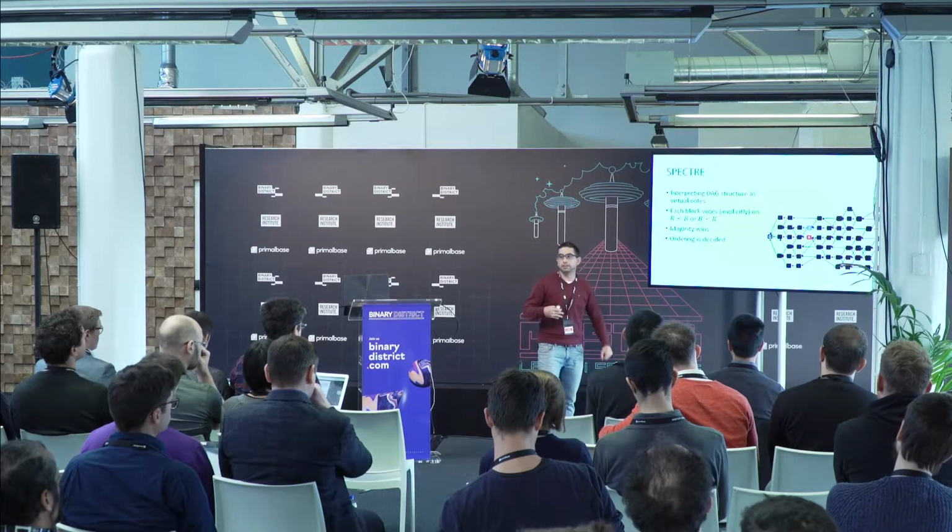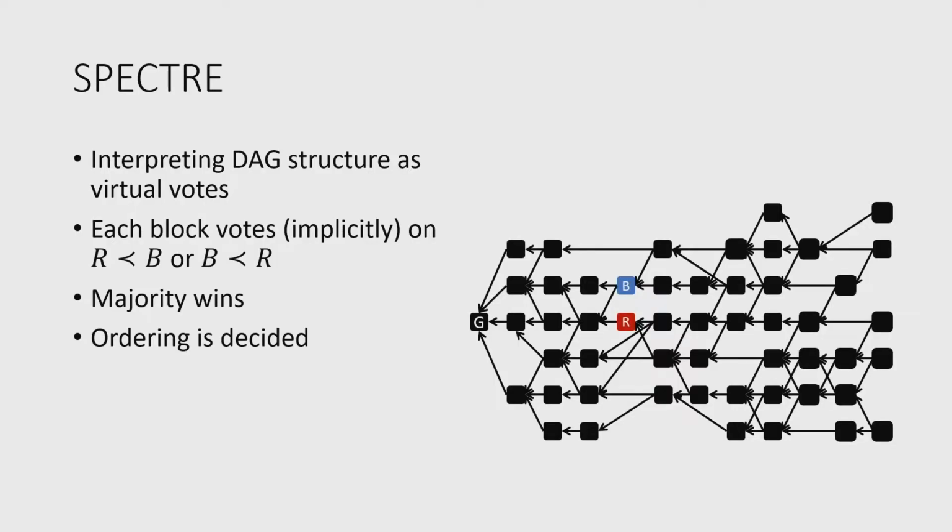It's not that the opinion of a block is really written within the block. We see the DAG and we interpret it as if every block voted for a pair of blocks. For example, here we have two blocks, B and R, blue and red. We interpret the DAG as if every other block has an opinion on which block came first, the blue block or the red block. Every block has its own opinion.